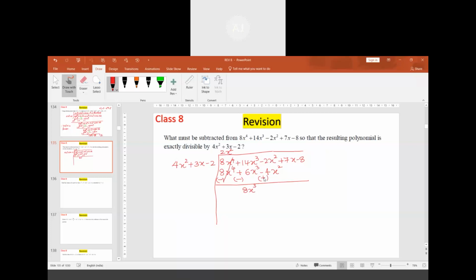Here, what will be the result? Negative or positive? Positive 2x square. Plus 7x minus 8. So again we should multiply by 2x square? No, sir, 2x. So 8x cube plus 6 times x square minus 4 times x.